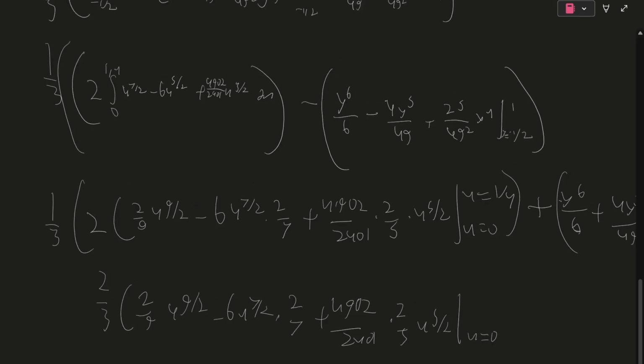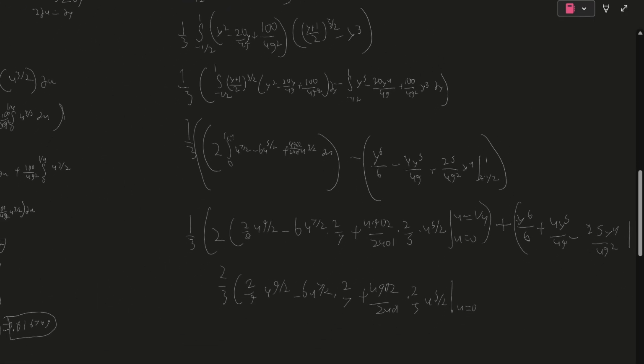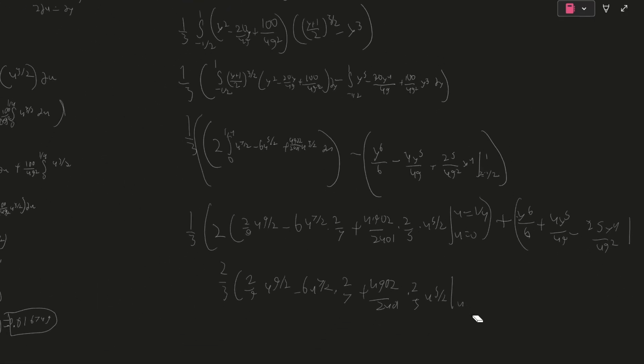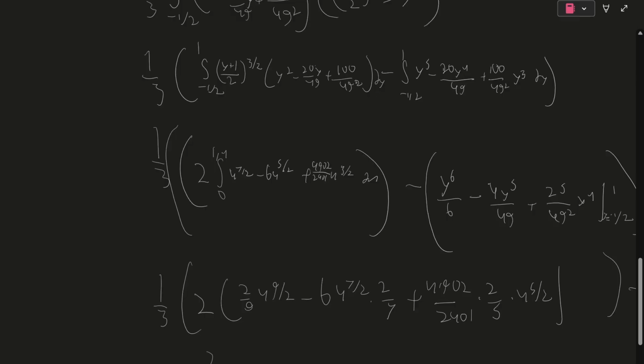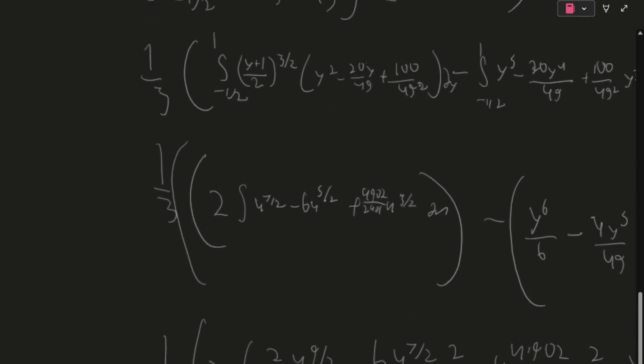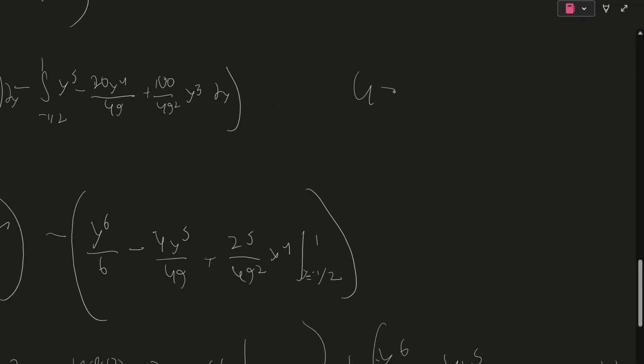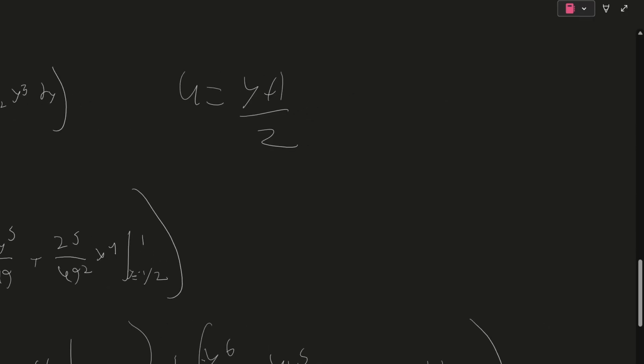Oh, I'm sorry. Our bounds aren't quite the same. I misspoke earlier because I forgot to plug back in our bounds into our u equation. So, right, we have u is equal to y plus 1 over 2.